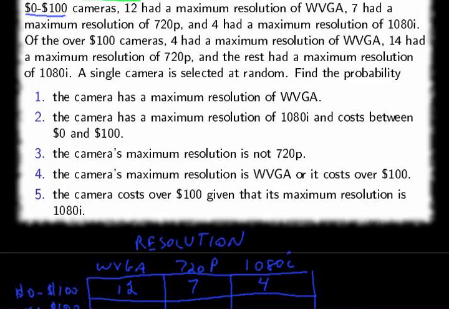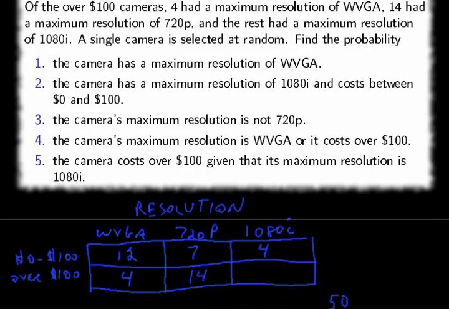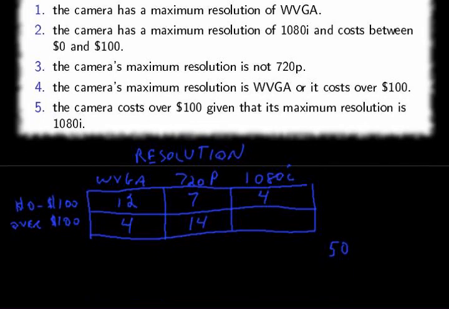Of the over $100 cameras, 4 had a maximum resolution of WVGA, 14 with a maximum resolution of 720p, and the rest had a maximum resolution of 1080i. Well, we're not really sure exactly how much the rest is yet, so I'll leave that blank for now and do some adding.